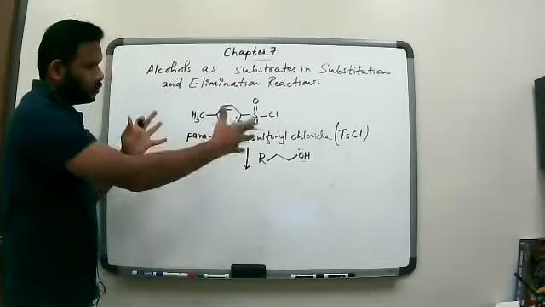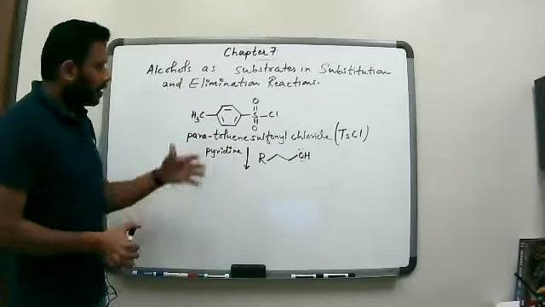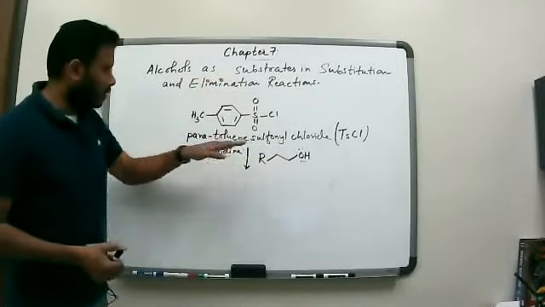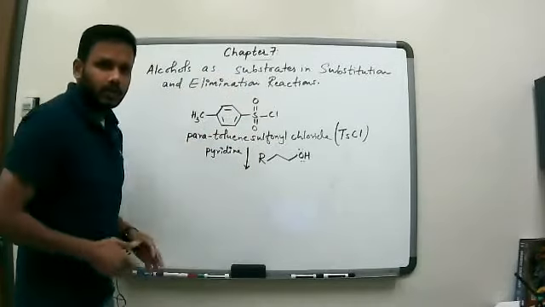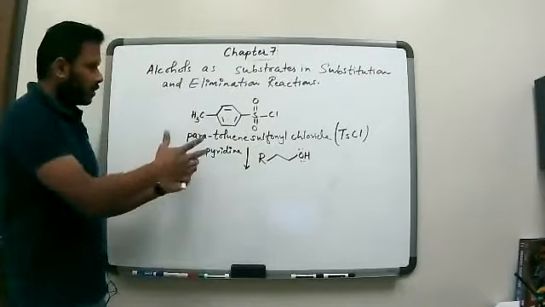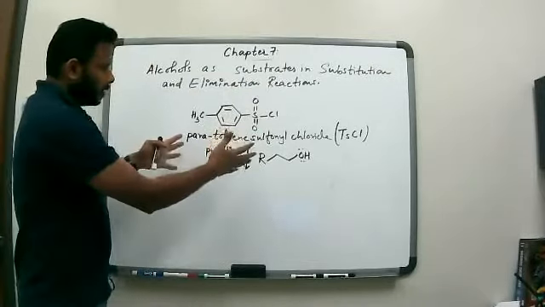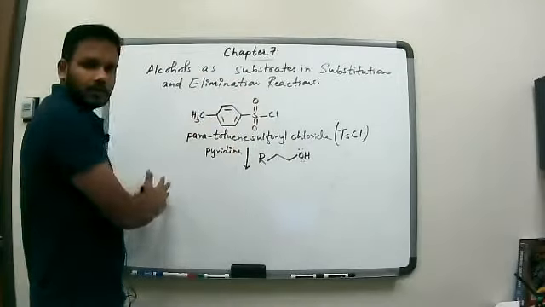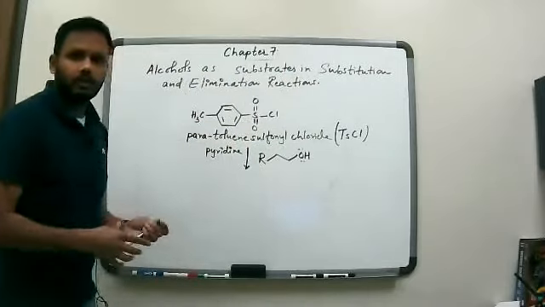Notice how I'm writing reactions in different ways. I could write the alcohol here and the pyridine over there. So do not memorize a certain pattern of how things are written. You have to look at everything on the arrow, above it, on the side, to identify what's going on.